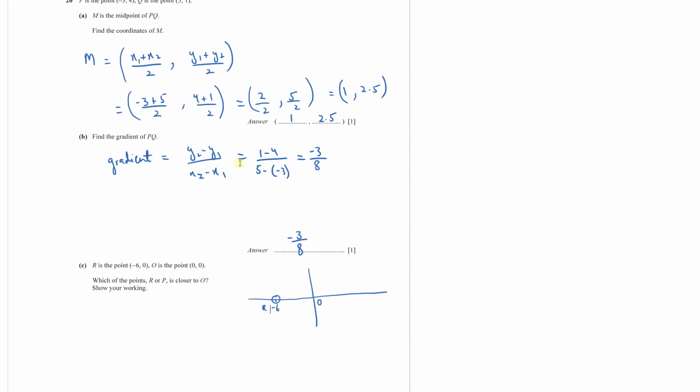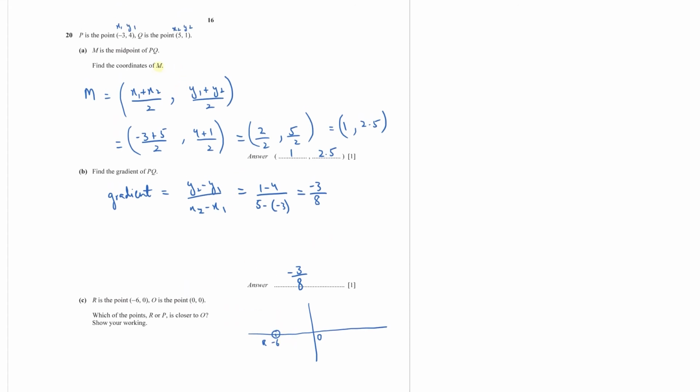And then your P point is -3, 4. So it will be somewhere here, -3, and then 4 is this. So this will be your point P here.